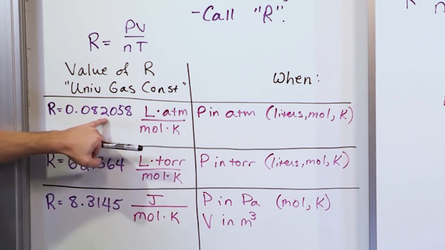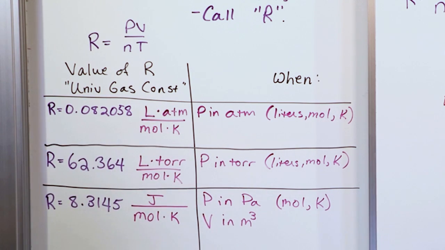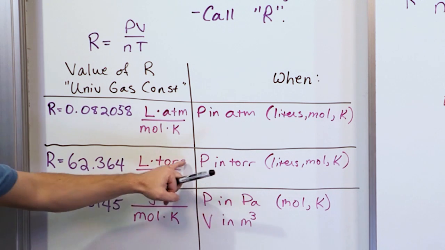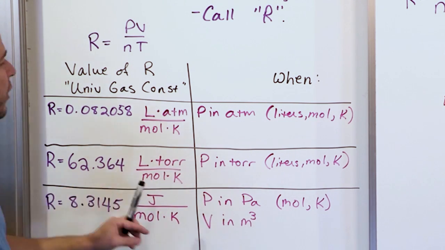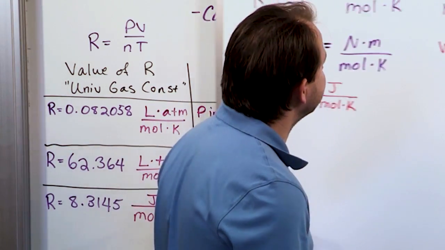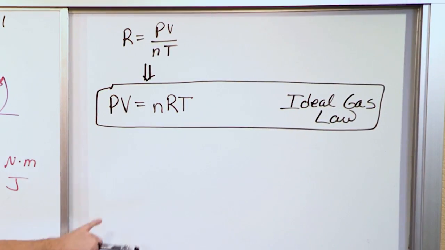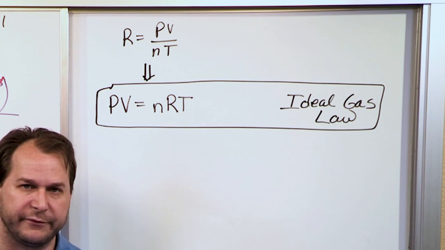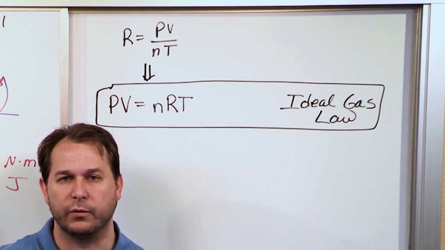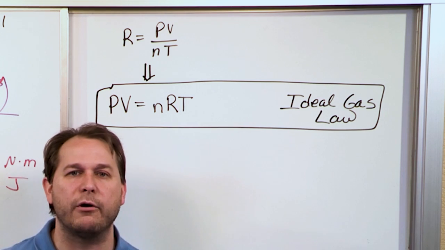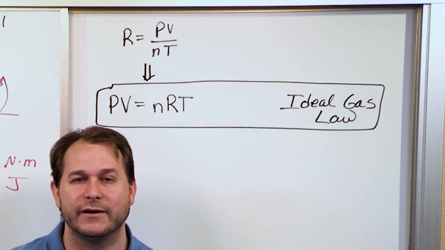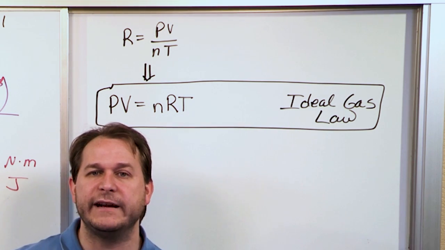So I'm going to put this value of R into that equation. If, however, I'm dealing with torr, liter, mole, and Kelvin in my particular experiment, then I'm going to put a value of R of 62.364 into this equation. Now, we're going to do actual problems with this in the next section, of course. But this type of equation is very powerful. It's an equation of state, okay? It lets you calculate the state of the gas.